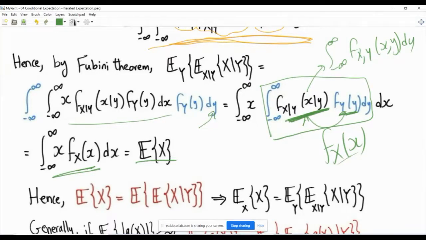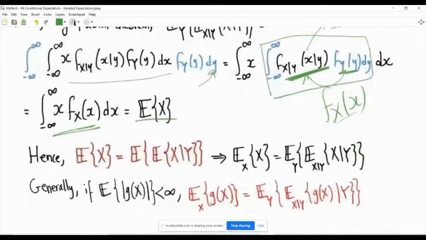Okay, so if x has a finite first moment, the expectation of x can be computed this way, in which you take the expectation of x given y, which will generally be a function of y, and then you take the expectation with respect to y.